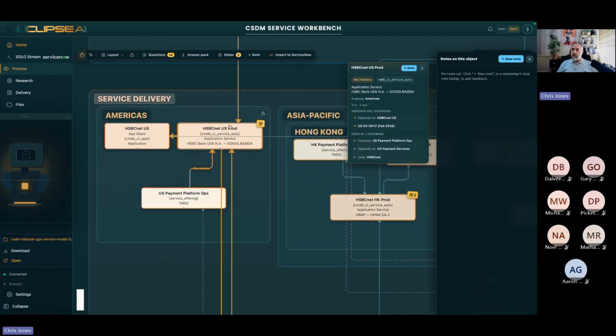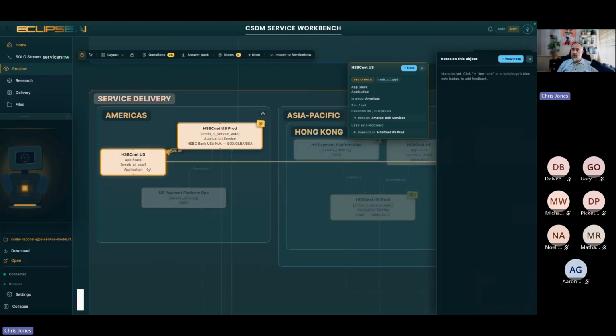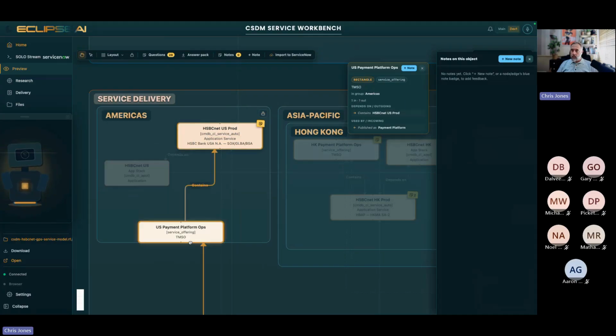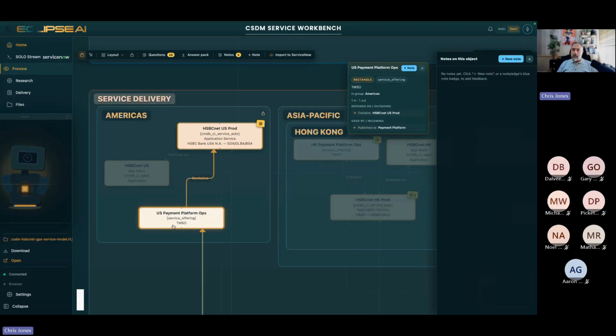We can go into each of them. It gives us some information about the relationships that's there. It's built the canonical relationships that exist from the CSDM version 5. It's connected to the top endpoint for the US application stack. And then it's also married up to basically the team technical management service offering.